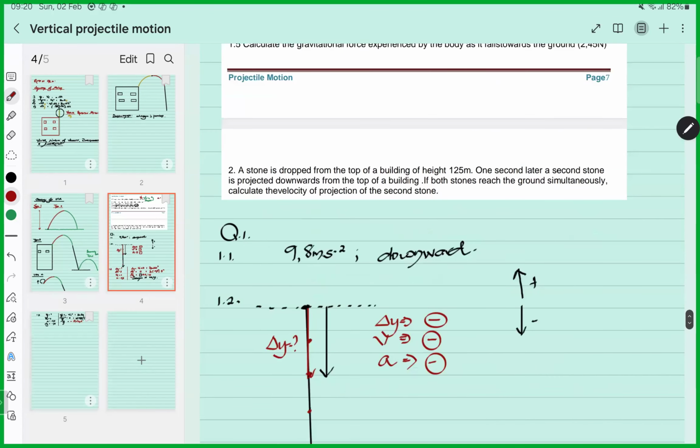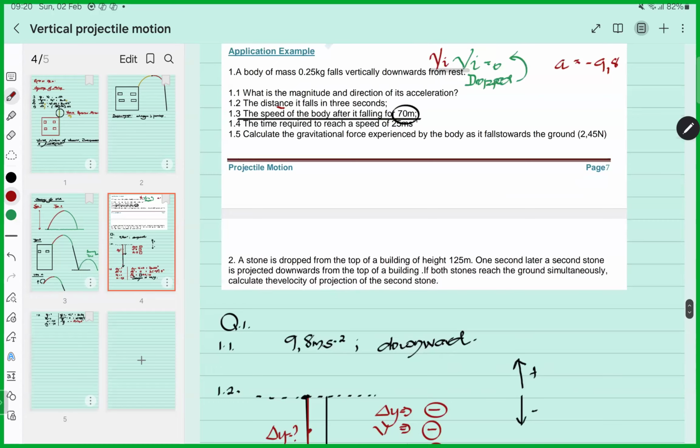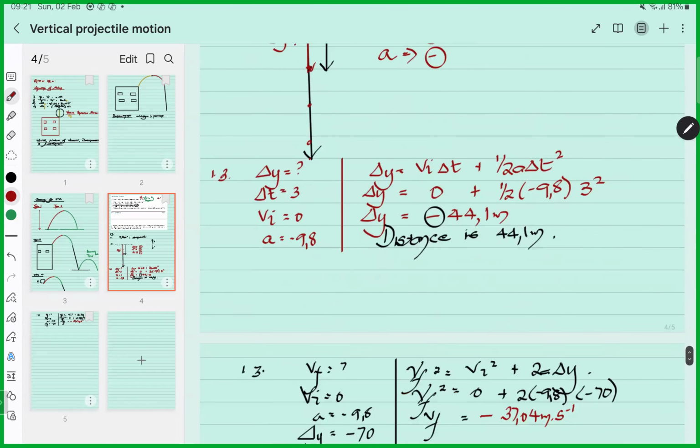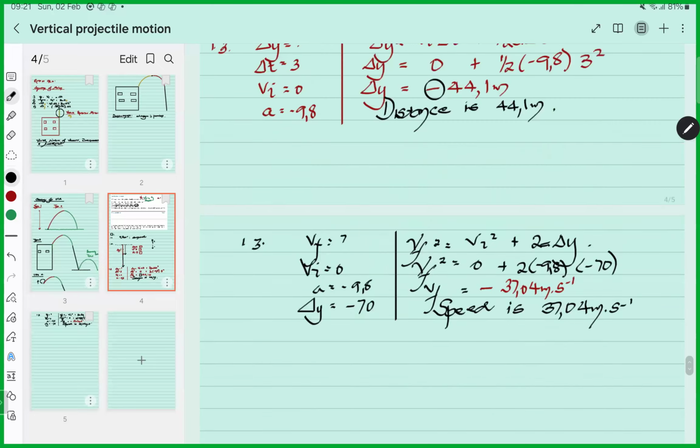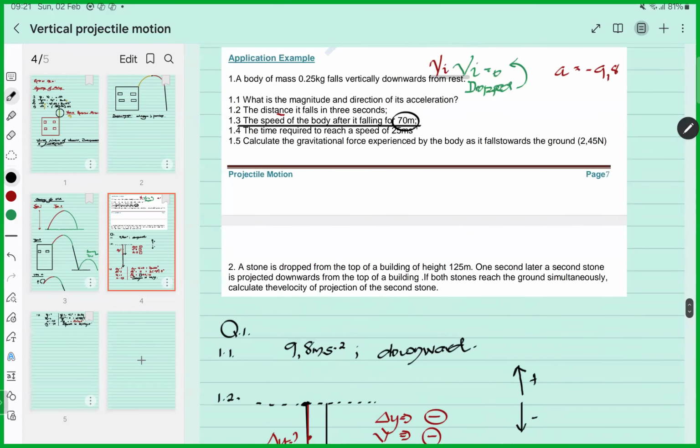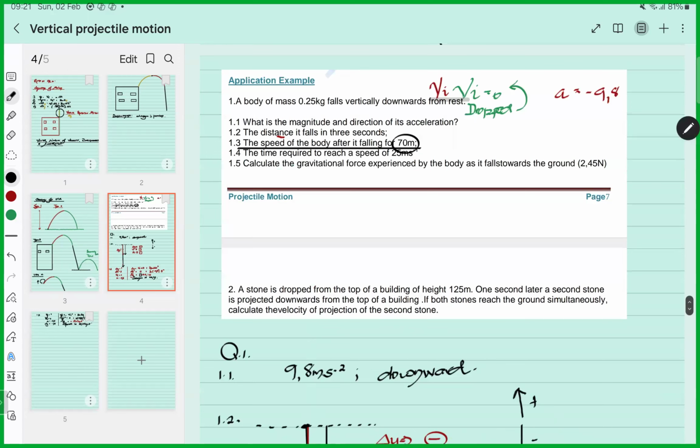If you read the question, it said speed. Speed is the scalar equivalent of this velocity. So tell the examiner below that the speed is 37,04 meters per second. Then the fourth one, the time.